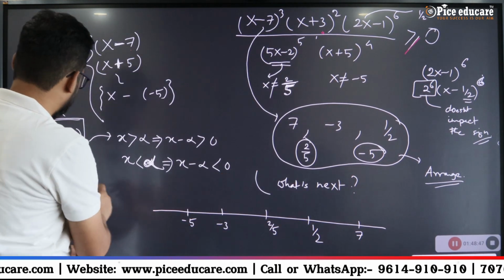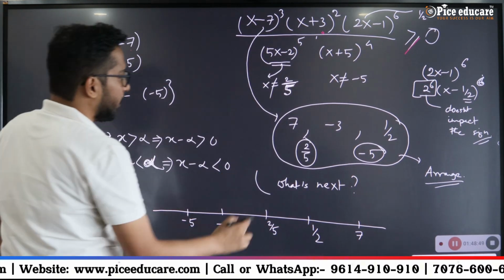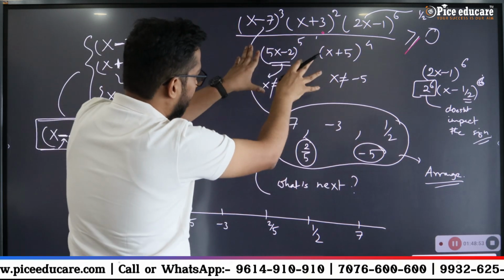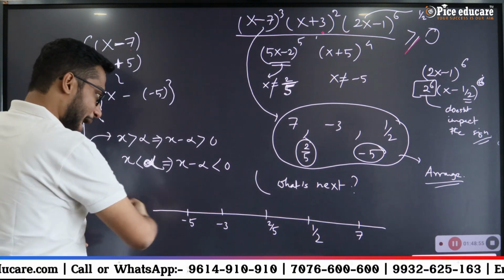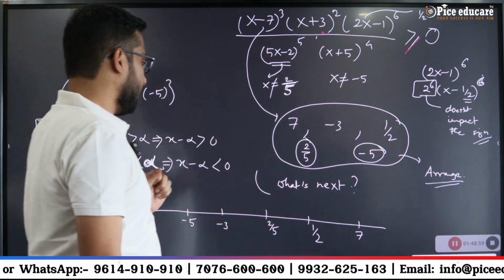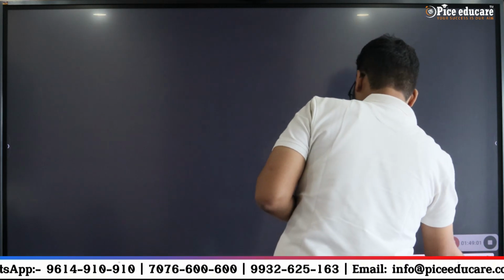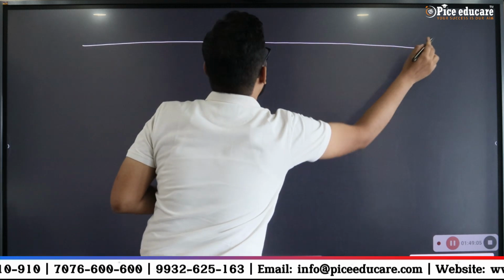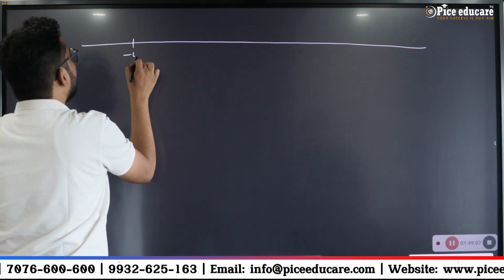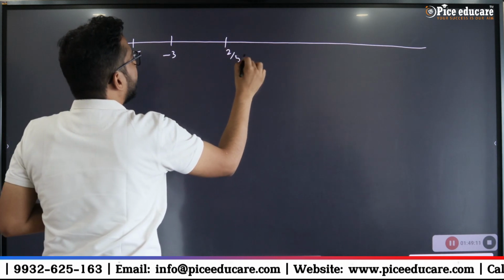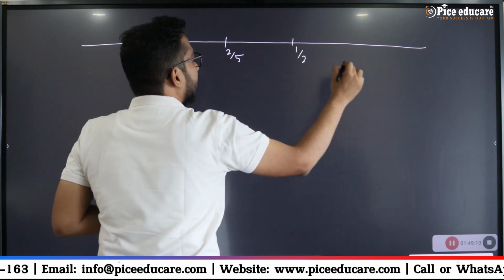These alphas, let's call them alpha 1, alpha 2, alpha 3, alpha 4, alpha 5, because we have 5 factors. You have to arrange them. Now what is the benefit of this? Minus 5, minus 3, 2 by 5, half, and 7.